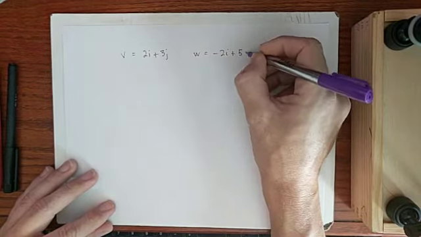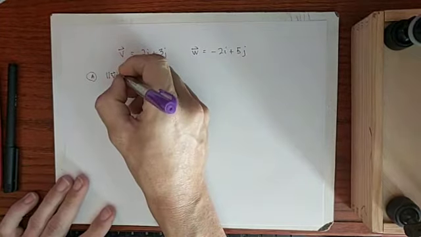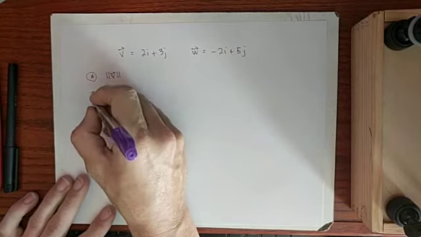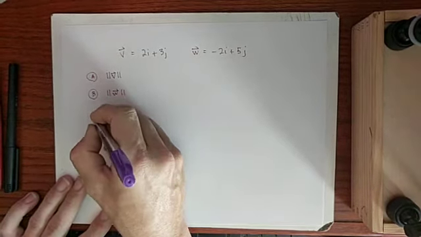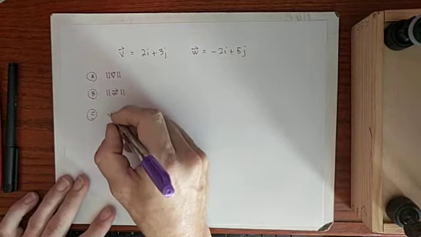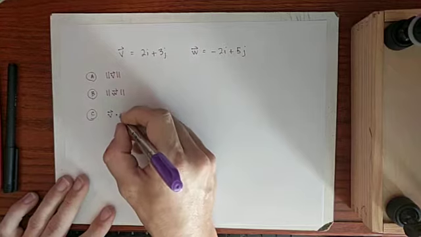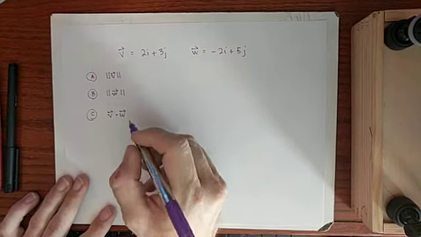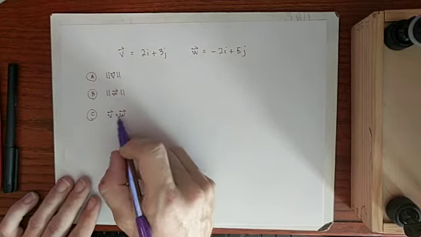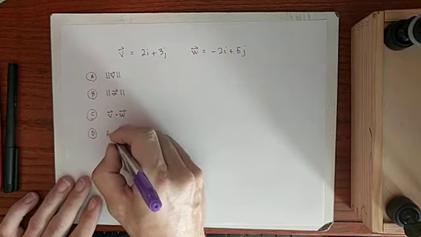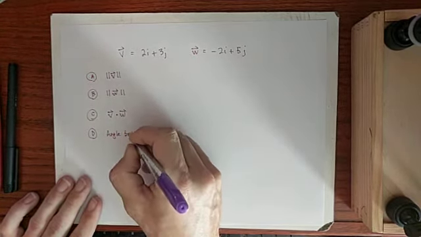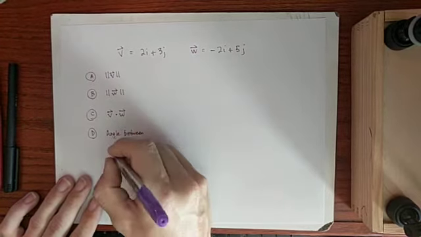Let's find the magnitude of vector v. Let's find the magnitude of vector w. Let's find the dot product. I always get those words backwards. The dot product of vectors v and w, and then we'll find the angle between the vectors.